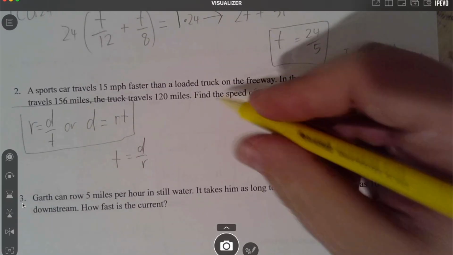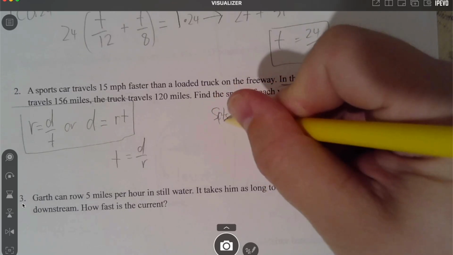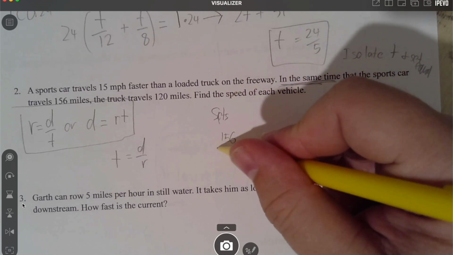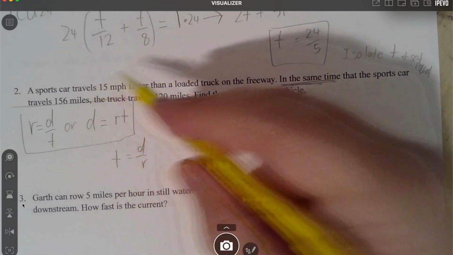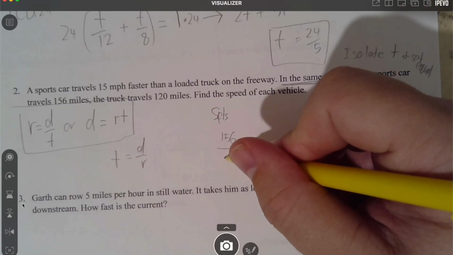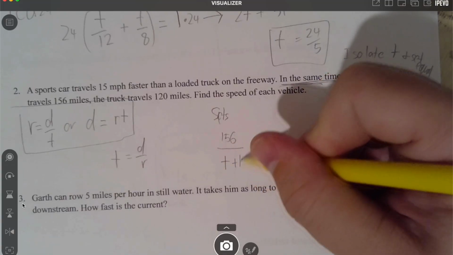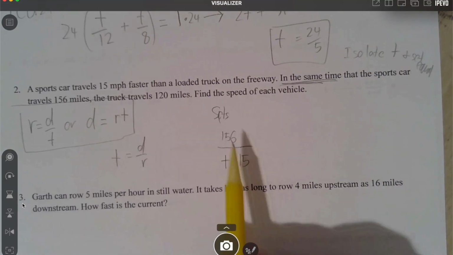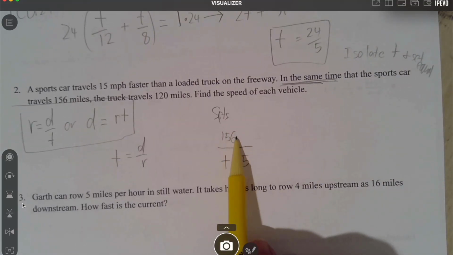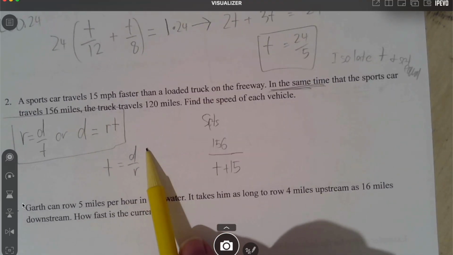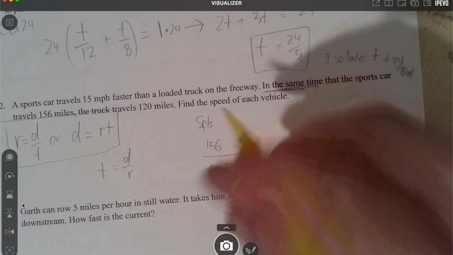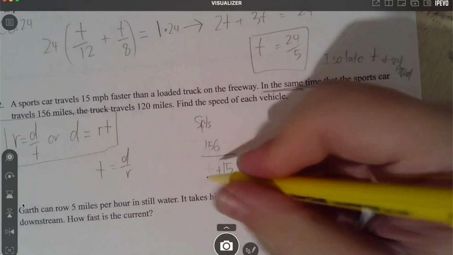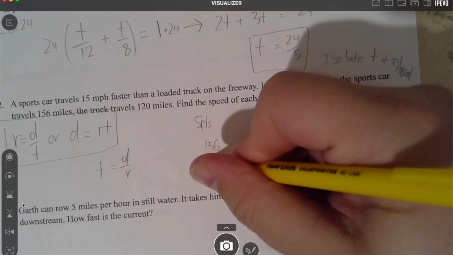The sports car travels 156 miles. That's its distance. But I also know that the sports car is 15 miles per hour faster than the truck. So the sports car goes 156 miles distance. The sports car's rate, and sorry, I should use capital T for truck to not be confused with time.